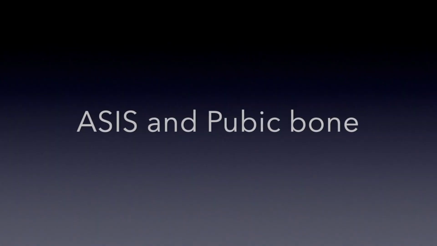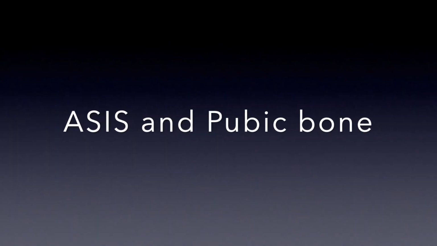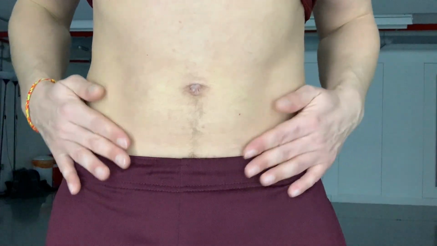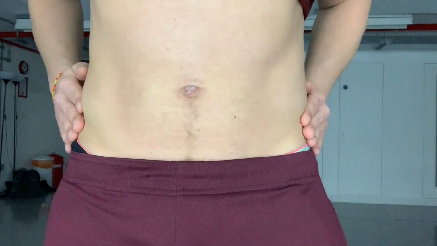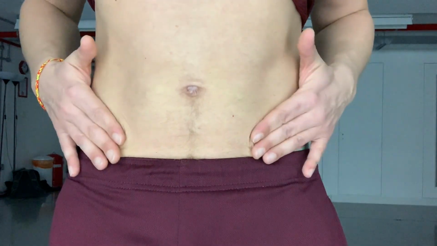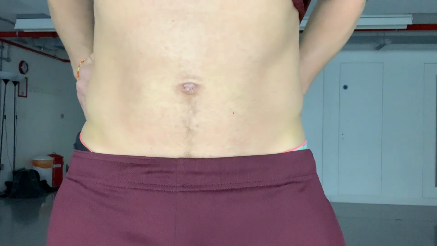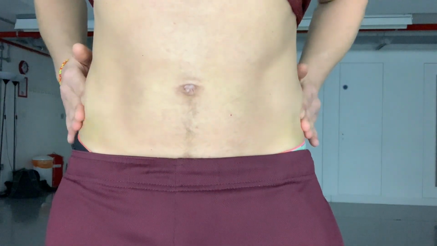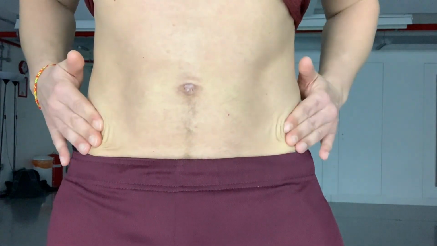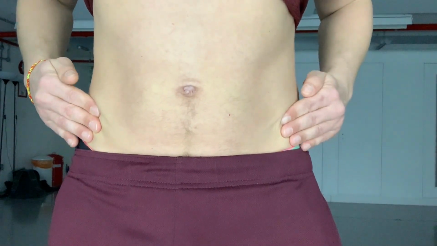There are a few important anatomical terms I would like to introduce you to, also a few important landmarks on our body. Please place your hands on your pelvis, and what you can easily feel here, easy to palpate with your fingers, is your ilium bones, those bony edges, the iliac spine.